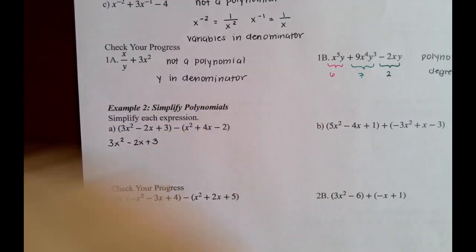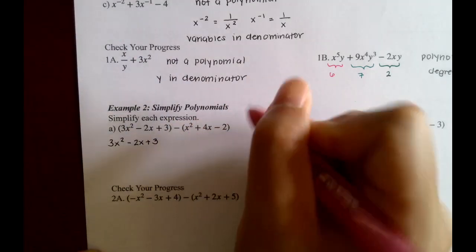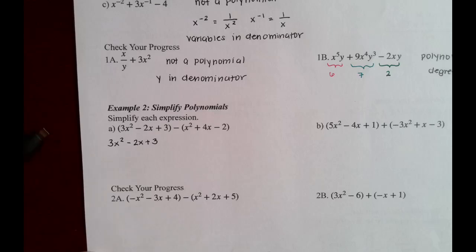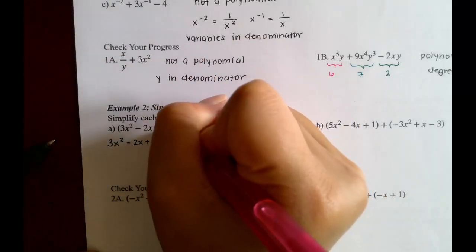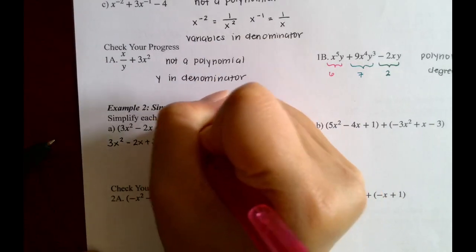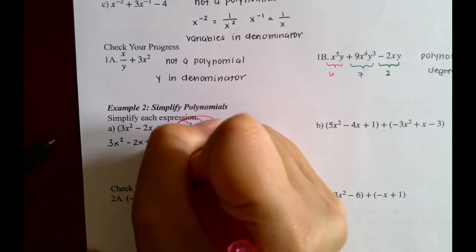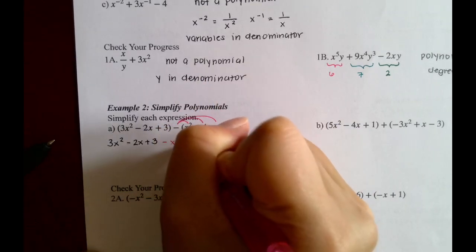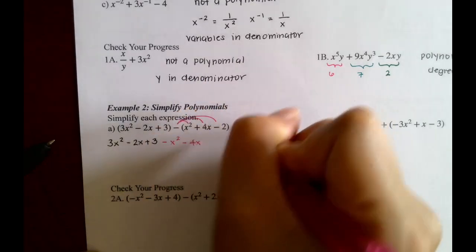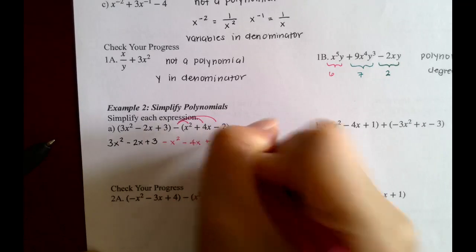And then since we're subtracting all of the second polynomial, I'm going to distribute this negative sign. Okay, so it's minus x squared. It's minusing 4x. And then minusing negative 2 is just adding 2.